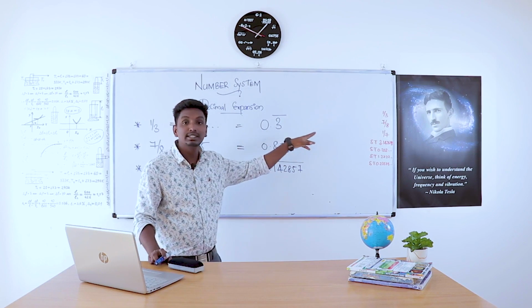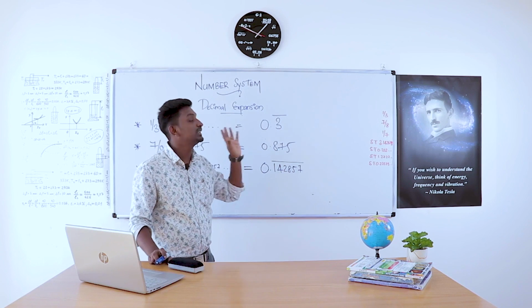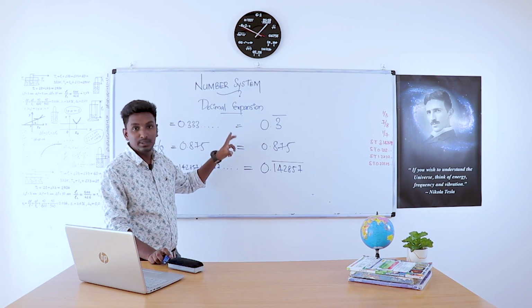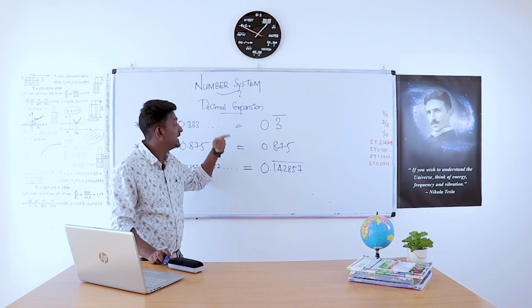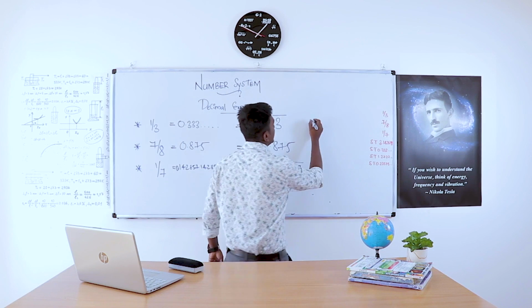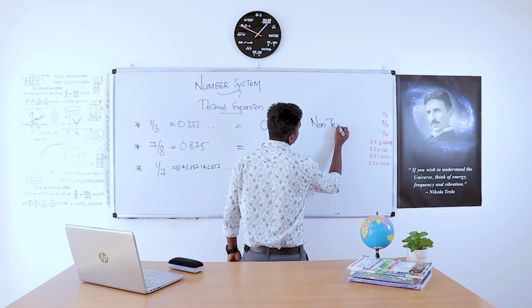That means 0.3333, 0.142857, 142857, 142857, again and again repeating.